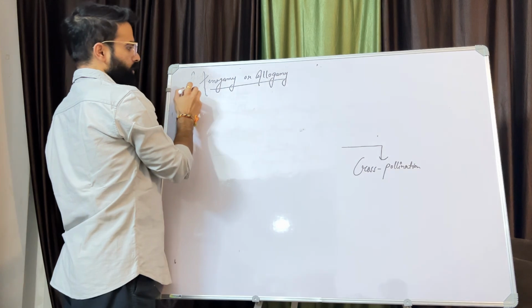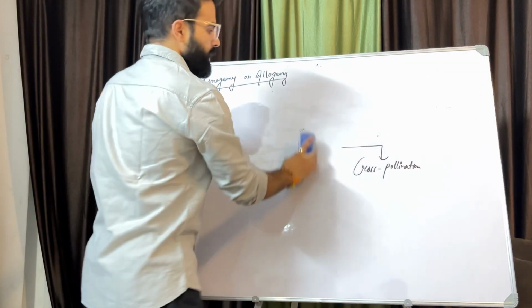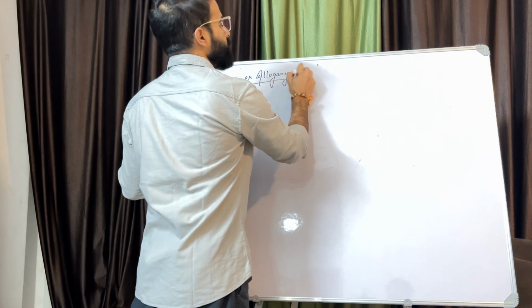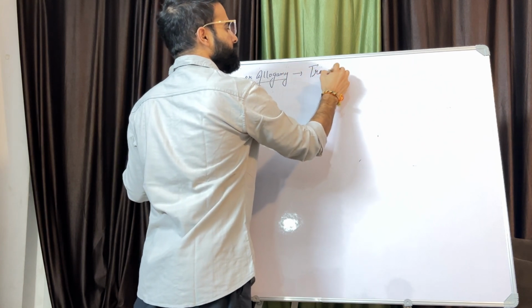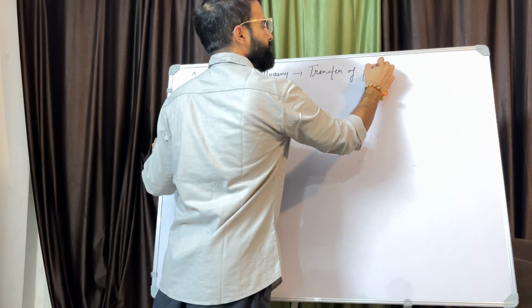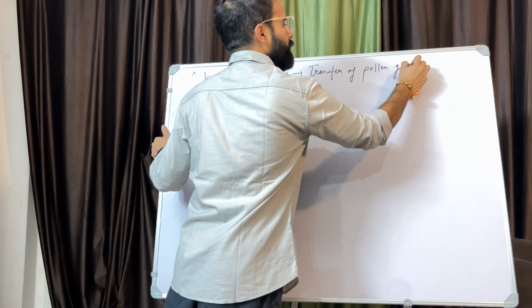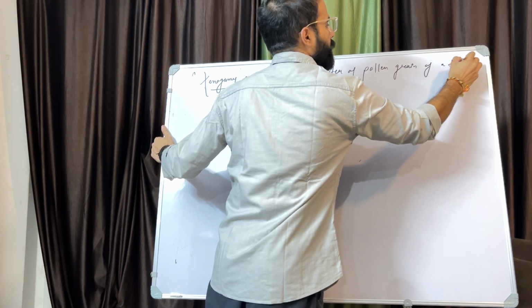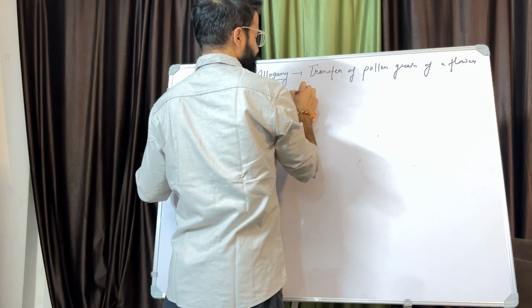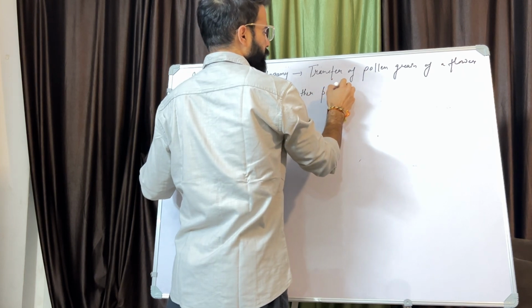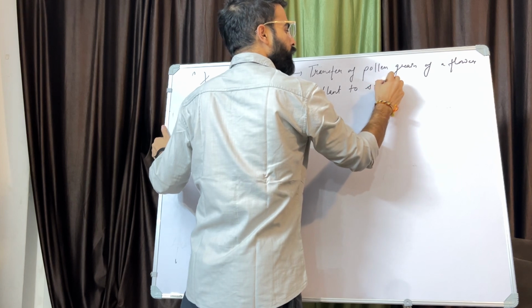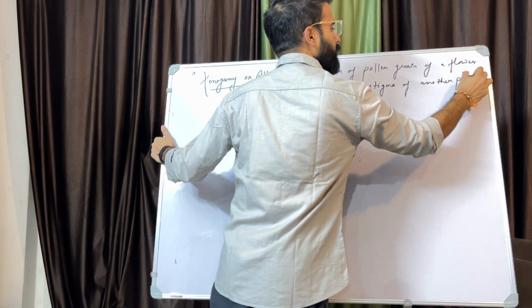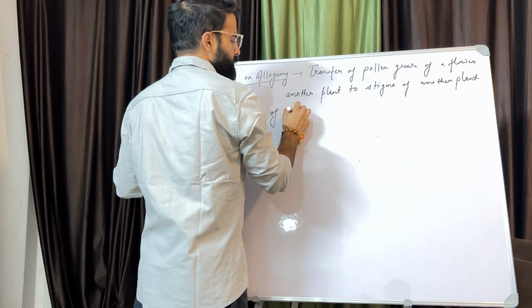In cross pollination, or xenogamy, there is transfer of pollen grain from a flower of one plant to the stigma of another plant of same species.